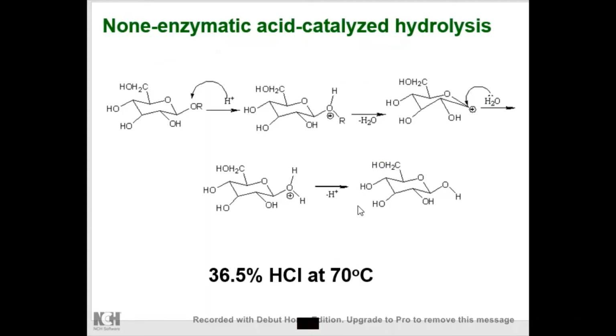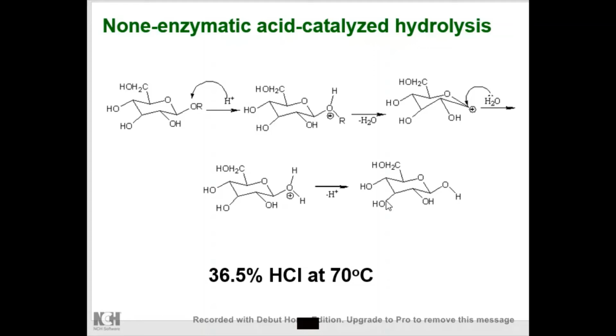So just taking you back to non-enzymatic acid-catalyzed hydrolysis, the mechanism that we studied in module 1. This is the mechanism of how glycosidic bonds in polysaccharides would be hydrolyzed otherwise.